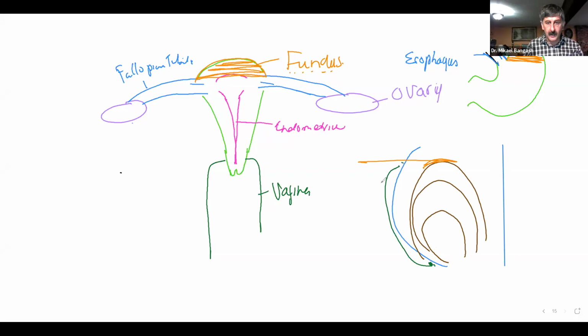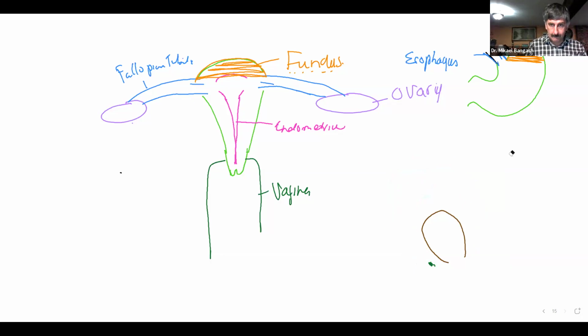It's like a fundal height at this many inches, and so on. This part of the uterus is referred to as the fundus. Depending on where the fundal height is, they may say right now it looks like you're this many months or weeks along in your pregnancy.